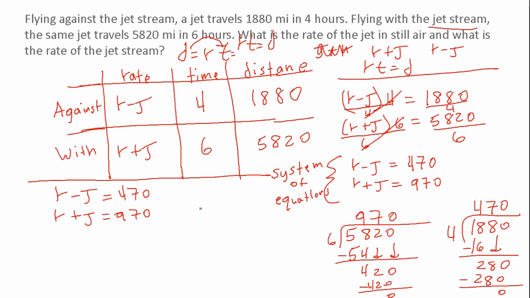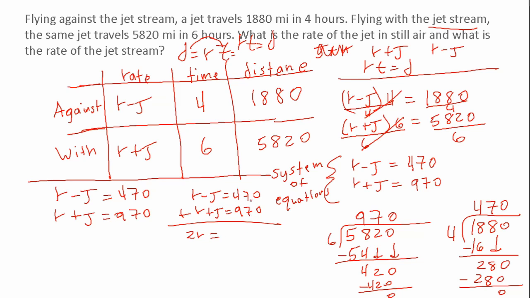We're going to rewrite this first equation by adding r minus j equals 470 plus r plus j equals 970. Let's add. R plus r is 2r. Negative j plus positive j is nothing.